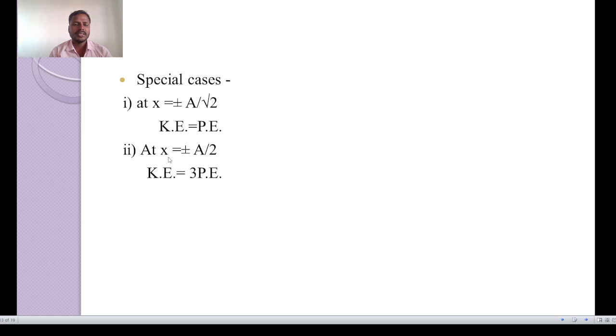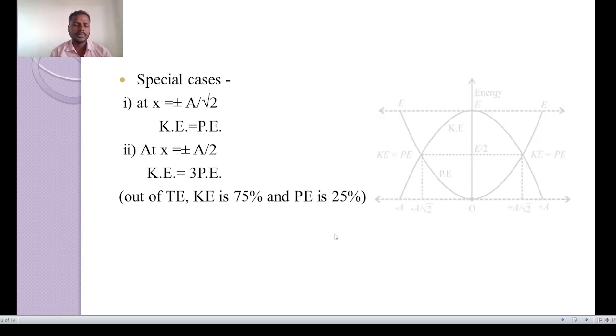At a distance x is equal to plus or minus a divided by 2, the kinetic energy is equal to 3 times potential energy. That is, out of total energy, kinetic energy is 75% and potential energy is 25%.